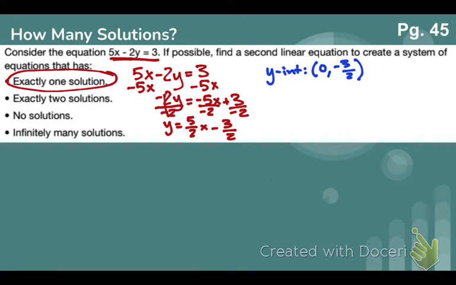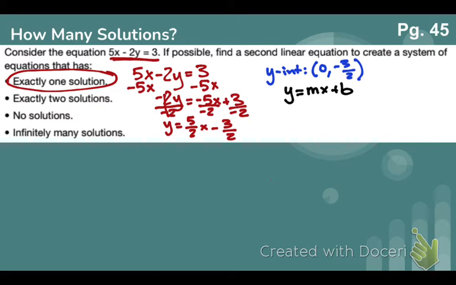So how can we use that to write another equation? We could substitute it in. So we're going to want another equation that looks like this. If we want our second equation to go through the point (0, -3/2), how could we figure that out?